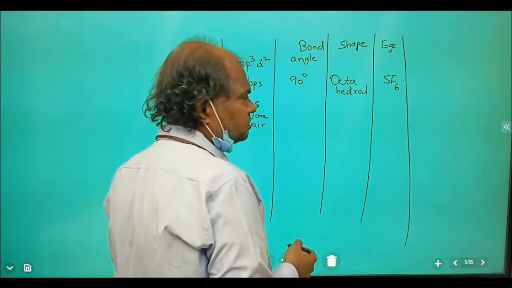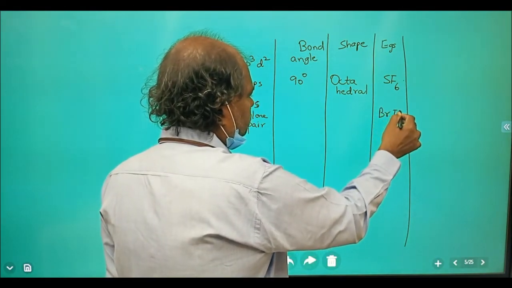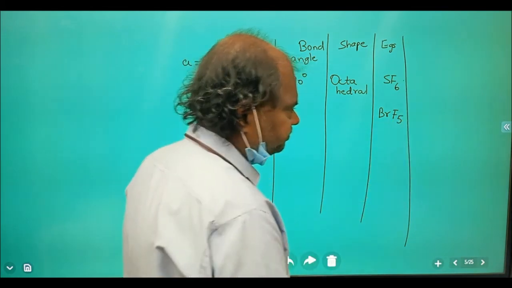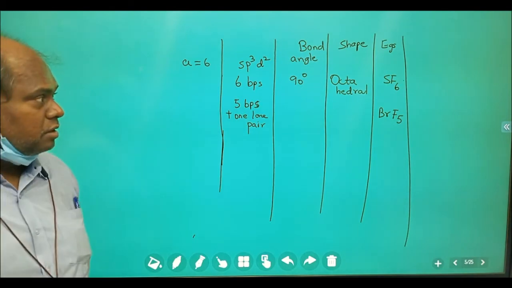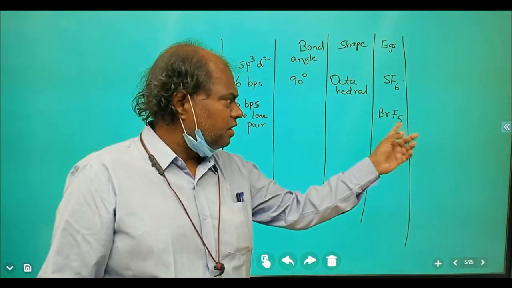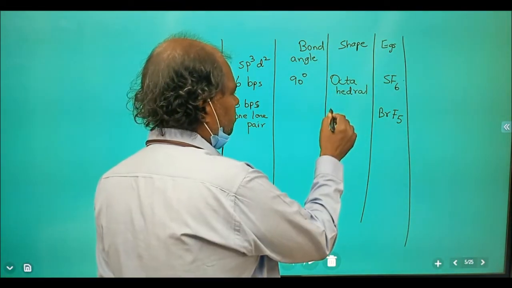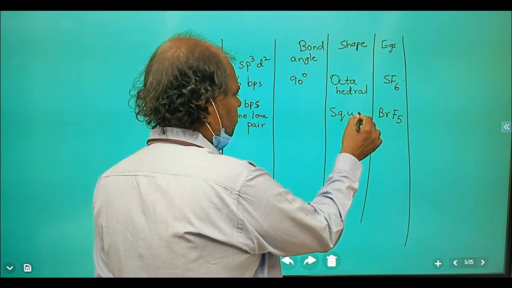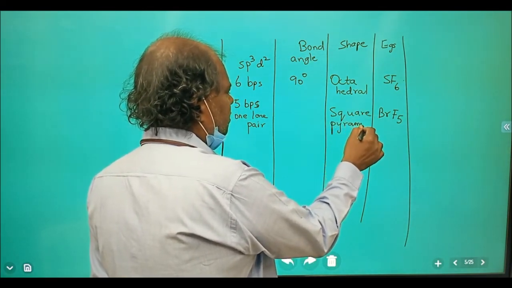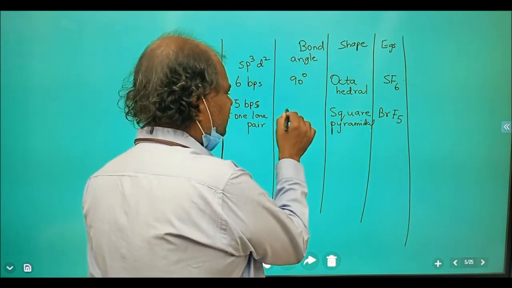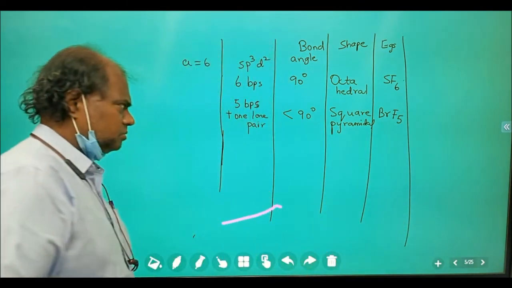You can give an example, just check it up. Sulfur will have six, bromine will have how much? Five bond pairs, you get one lone pair. Shape will be square pyramidal. Angle also you will get slightly less than 90 because of that repulsion.